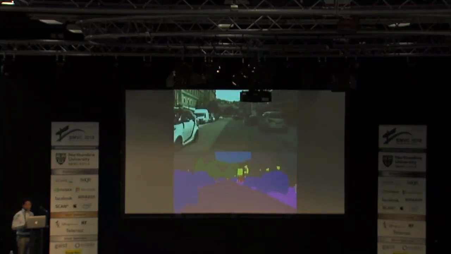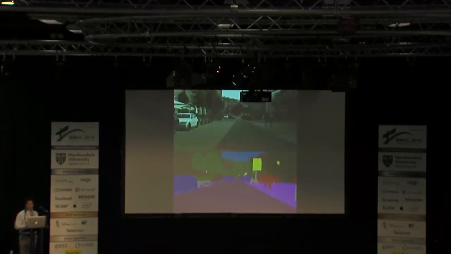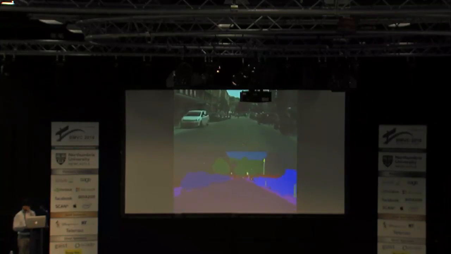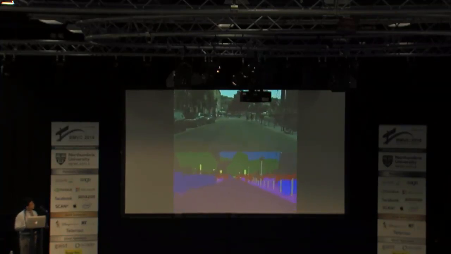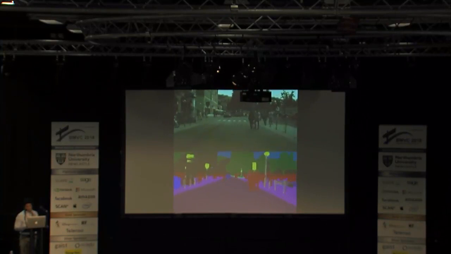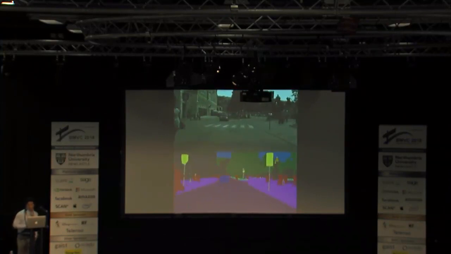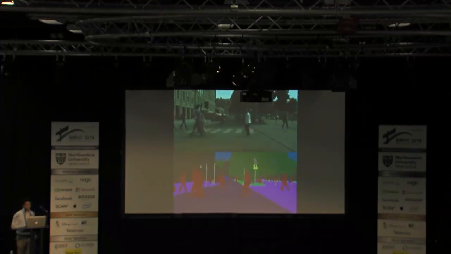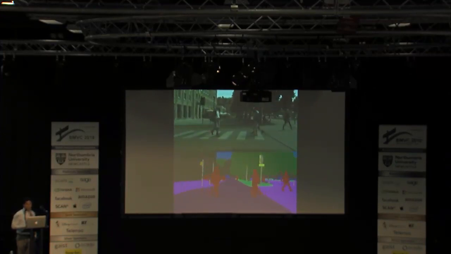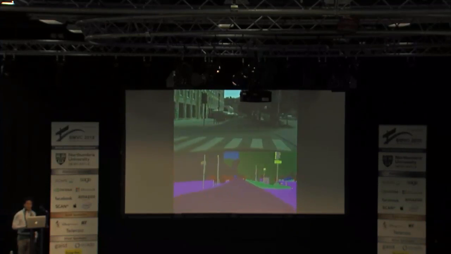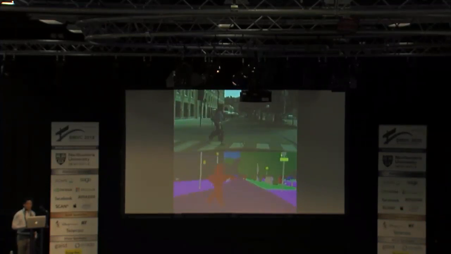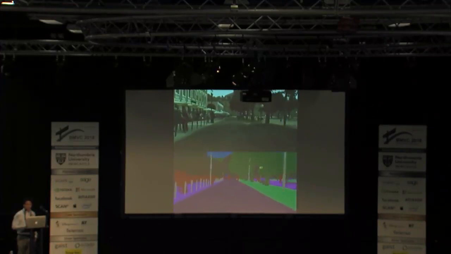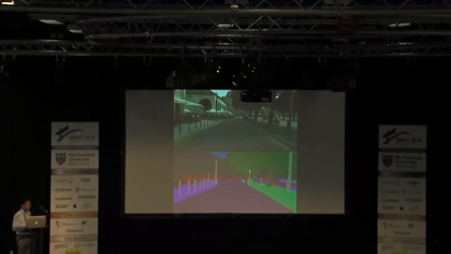Yeah, there is some flickering because this is frame-wise. I must admit that accuracy-wise we still lag behind PSPNet quite a lot, around 10%, honestly speaking. But it's still good, I think, for an autonomous system.